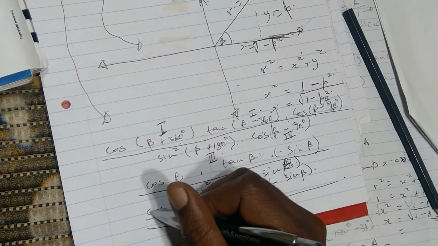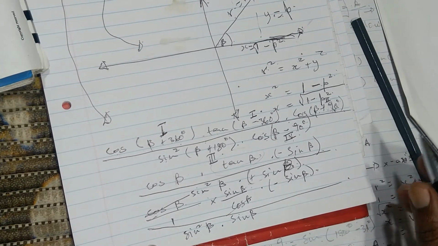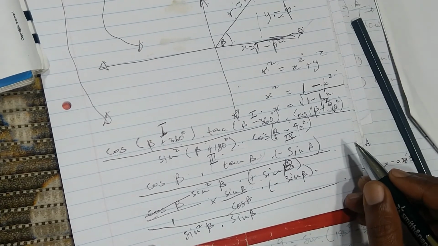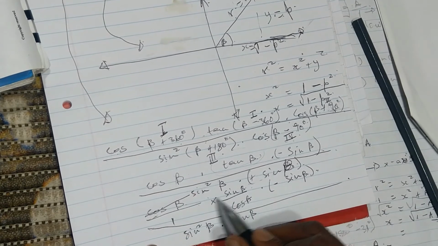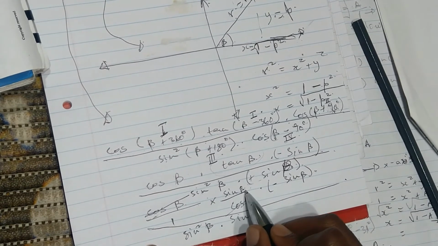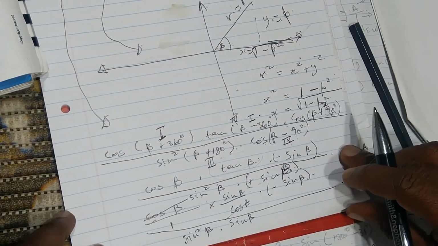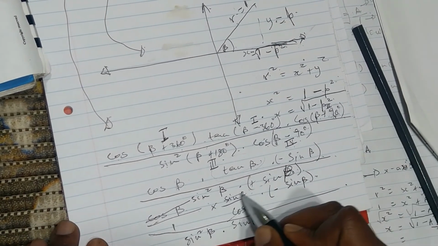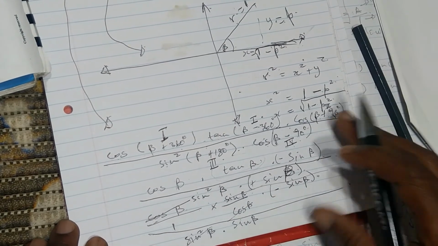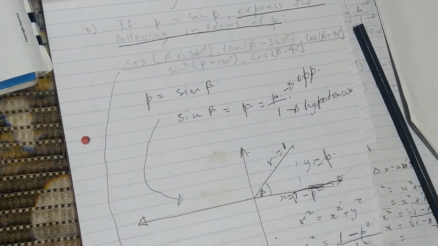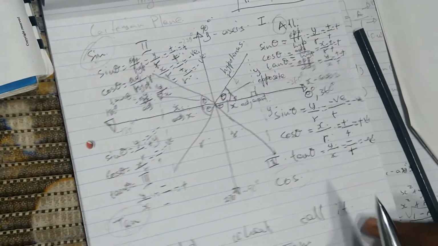So this cancels out with that, and here on top we're left with sine beta times sine beta, so it's minus sine squared beta. So we can cancel all of that with this, and then we're left with the negative on top.